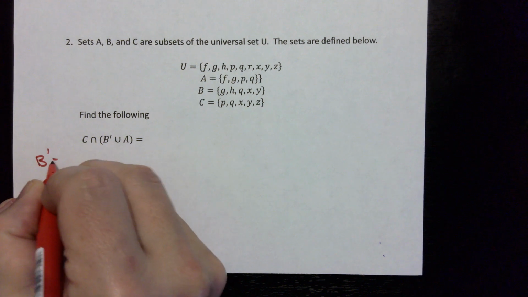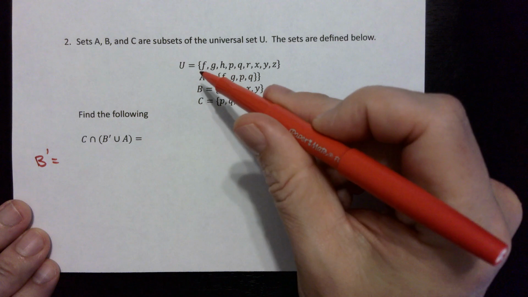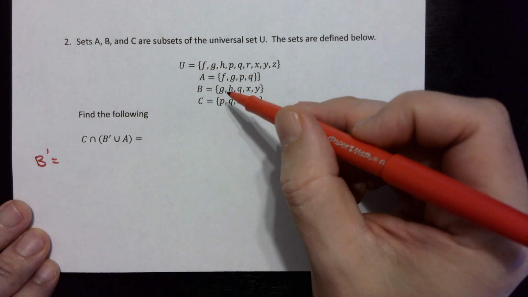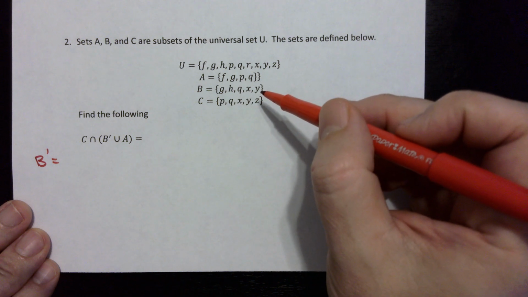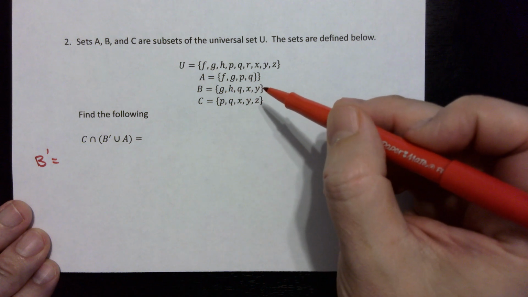What is B complement? That'll be everything that's in U that's not already in B. So it's the opposite of B. We're not going to write down the G, the H, the Q, the X, or the Y. Everything else up here, I'm going to write down.